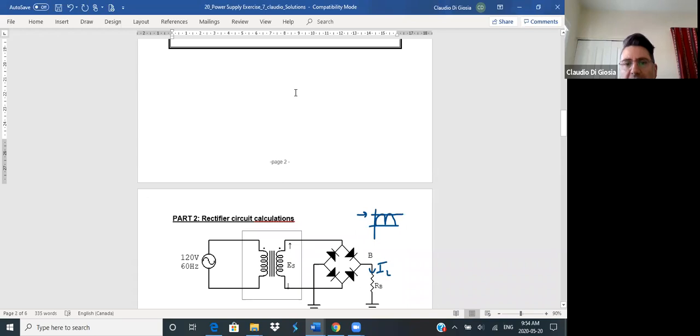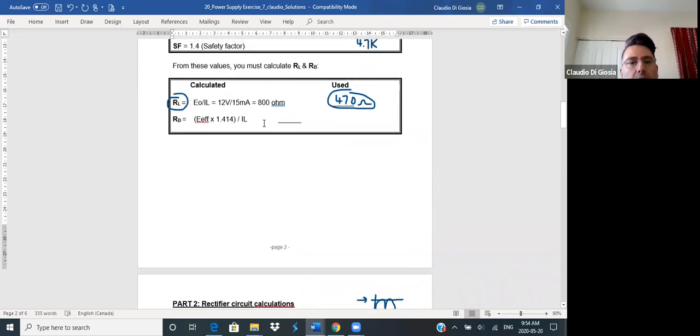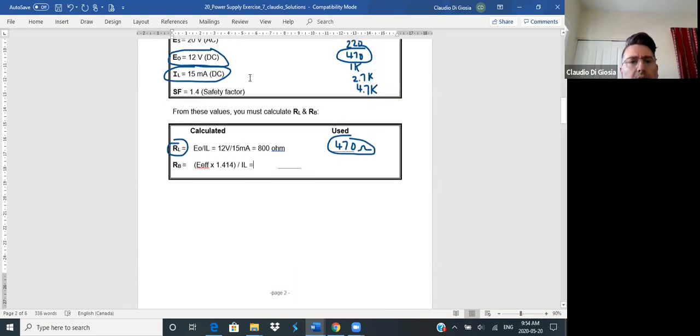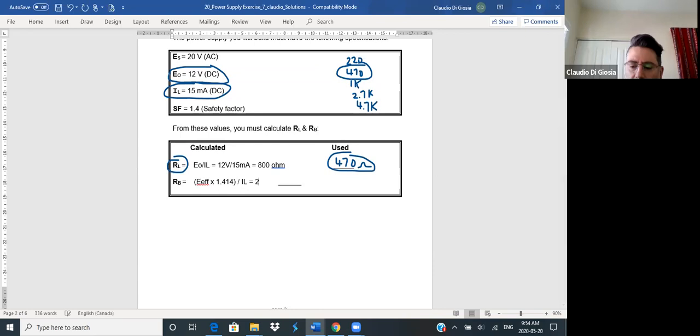Remember, we have IL. So if we plug in the values here, E effective was 20 volts. We're going to multiply by 1.414, which, just to remind you, is the square root of 2.